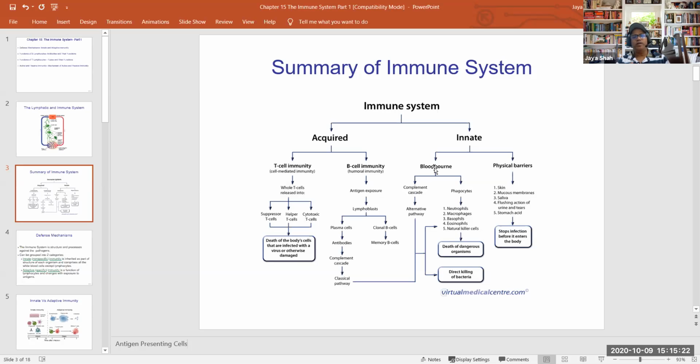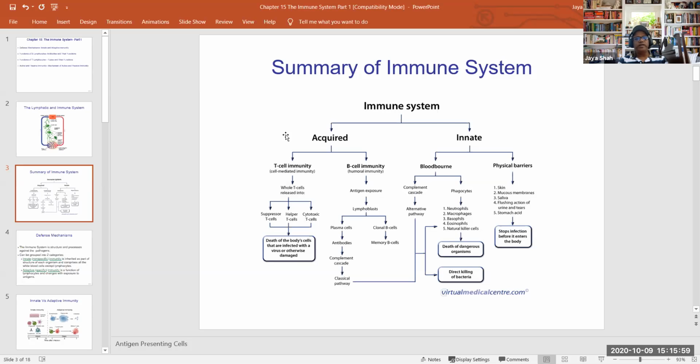When lymphocytes deal with them and produce immunity particularly to that individual antigen, then we call it acquired immunity. So acquired immunity comes after the exposure to the microorganism. Once these white blood cells or any other antigen presenting cells in the body present antigen from the microorganism to the T cell or B cell, then we call it acquired immunity.